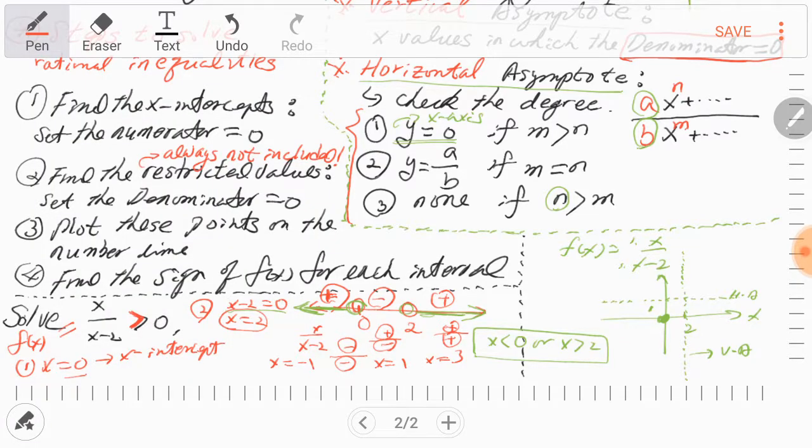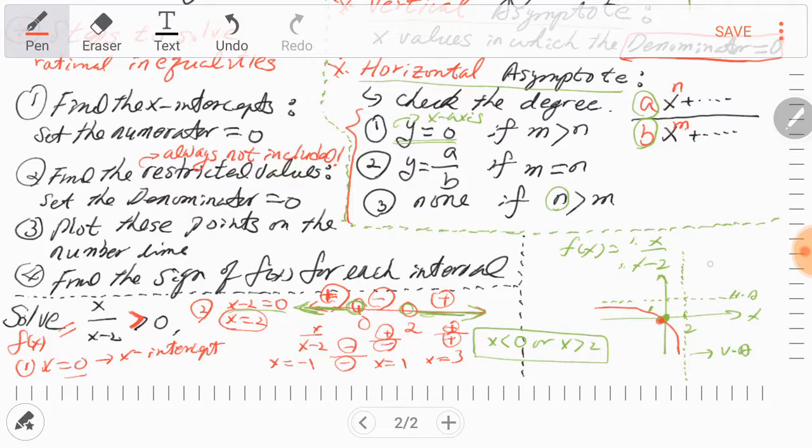So it's going to be something like this. Right, like this. So this graph approaches the horizontal asymptote and the vertical asymptote and passes through what? The x-intercept. Okay. And if x is greater than 2, as you can see here, then the y value is always positive, right?